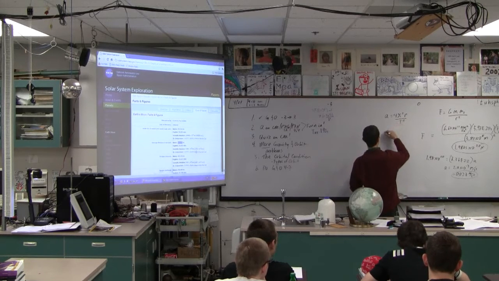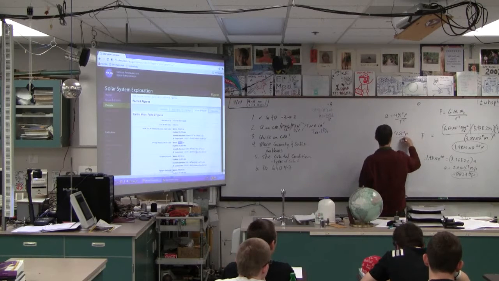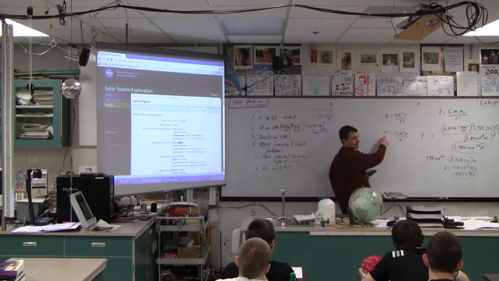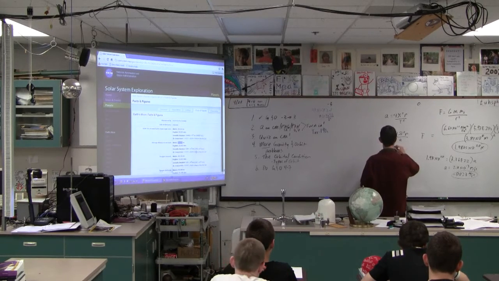To solve for the period, it's going to be T squared equals 4 pi squared r over a. And then what do I do next to get the period by itself? I square root it, which makes this kind of cool. It becomes the square root of 4 pi squared r over a.